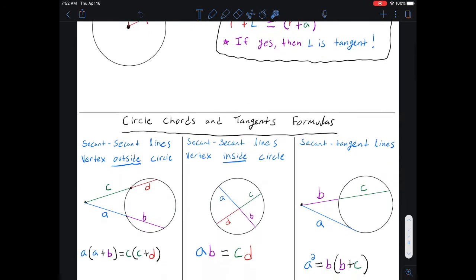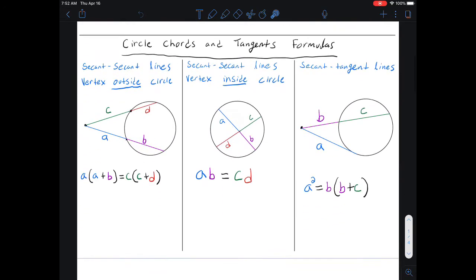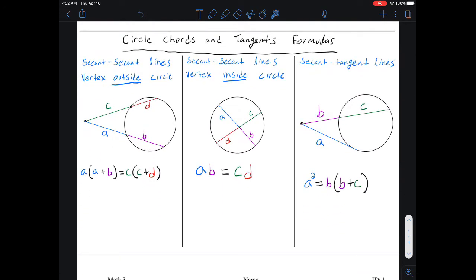The next kind of problems we're going to do look at chords and tangents. The three most common ones you deal with start with secant-secant lines with a vertex that lies outside the circle. The relationship of the line segments is as follows.